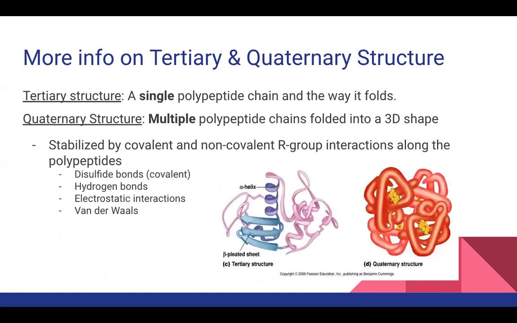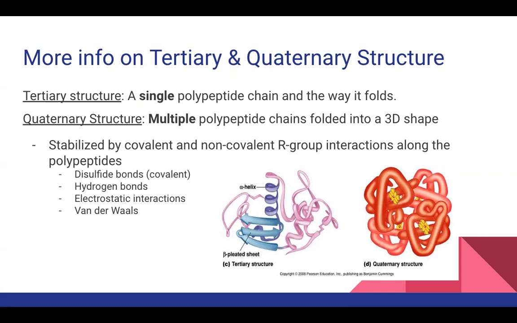Okay, and then for similarities and differences between quaternary and tertiary structures, as I said, tertiary structure is a single polypeptide chain that folds into a 3D shape. And quaternary structure is multiple polypeptide chains that are interacting together, so multiple subunits.